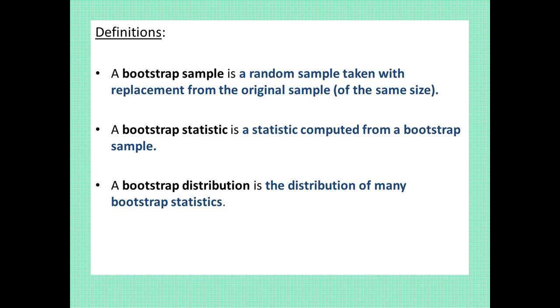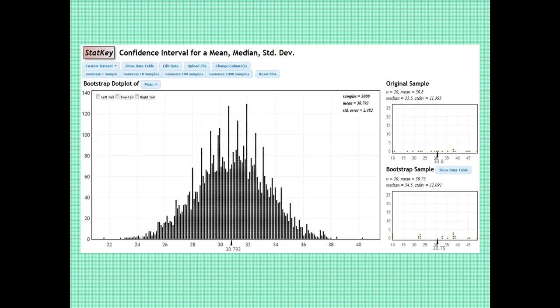And then if you have a whole bunch of bootstrap samples, so rather than just a couple, what if you had a couple thousand or a few thousand? And for each one you computed a bootstrap statistic, then a bootstrap distribution would be the distribution of all of those bootstrap statistics that you have. And that's the thing that you can use to get a proxy value for the standard error. This is the sort of thing that you end up with, where the most important number on this screen is right here.